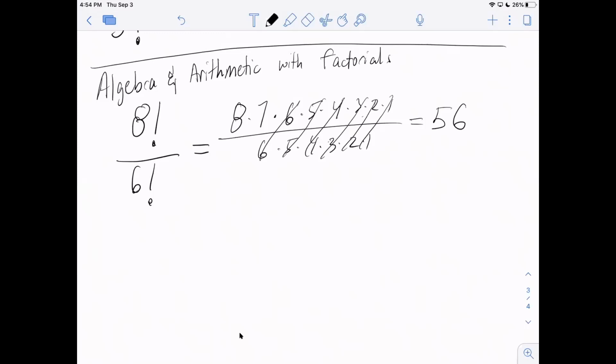Let's try this example. Let's simplify this algebraically: n plus 3 factorial divided by n plus 1 factorial. Now, I have an n plus 3 here, and it doesn't mean n factorial plus 3 factorial. What this notation means is that the number in the parentheses, the n plus 3, is the factorial that I'm actually going to take.